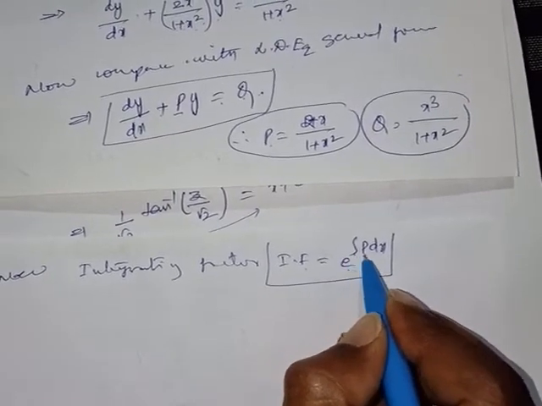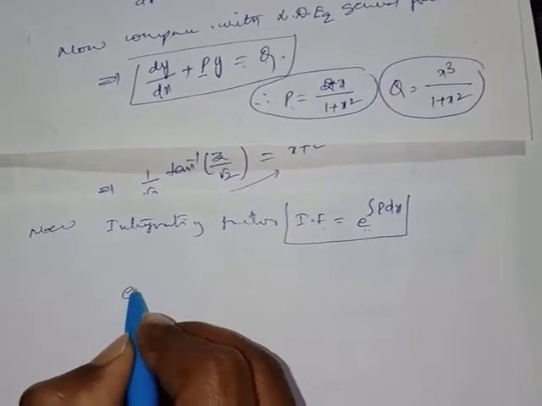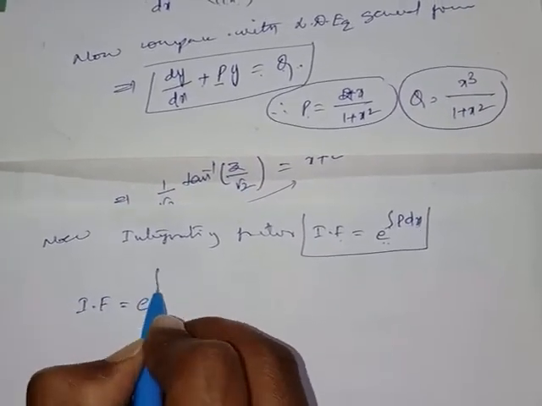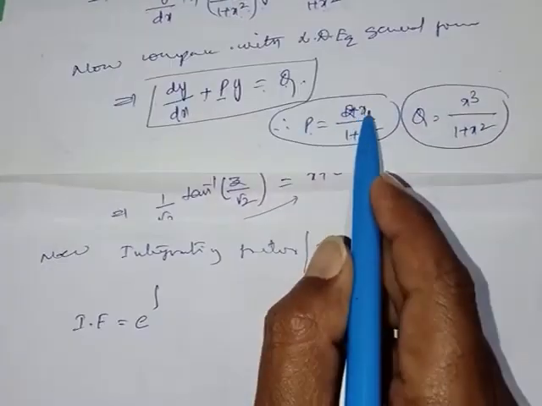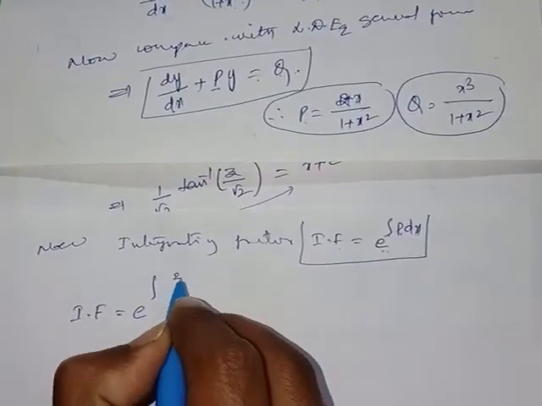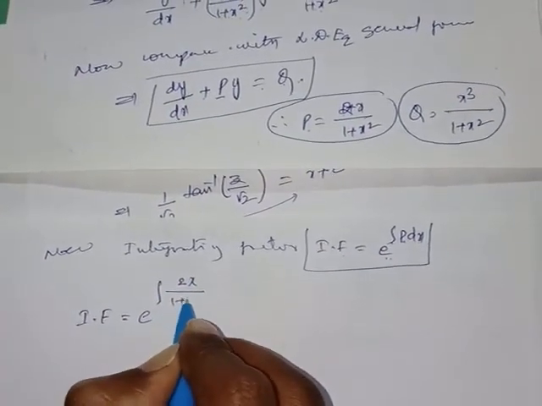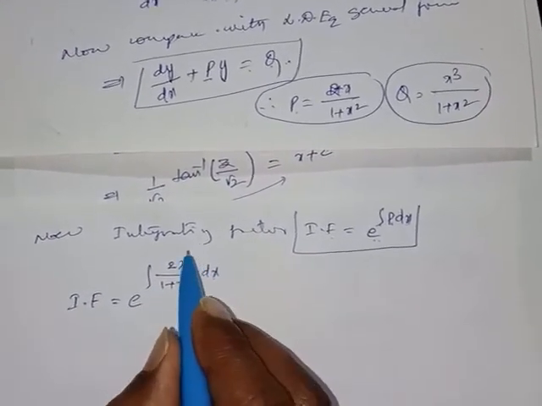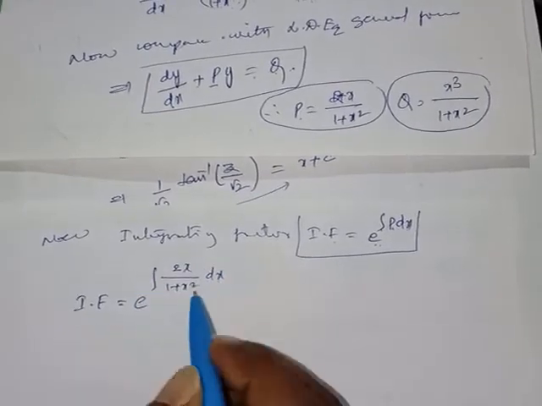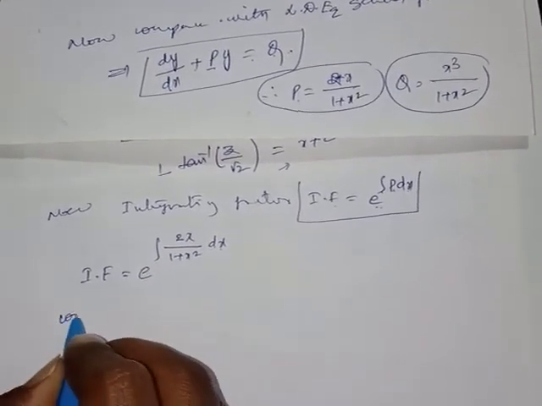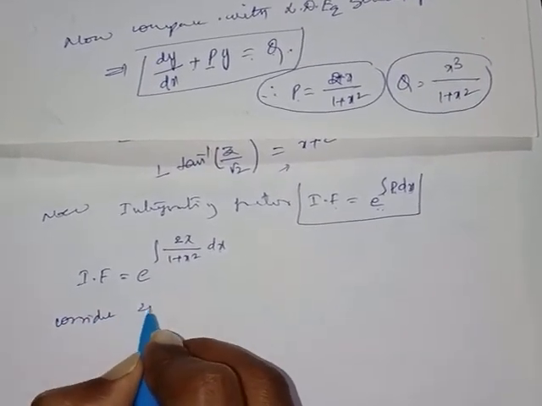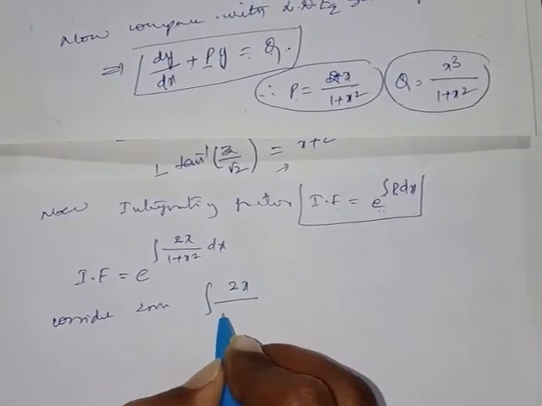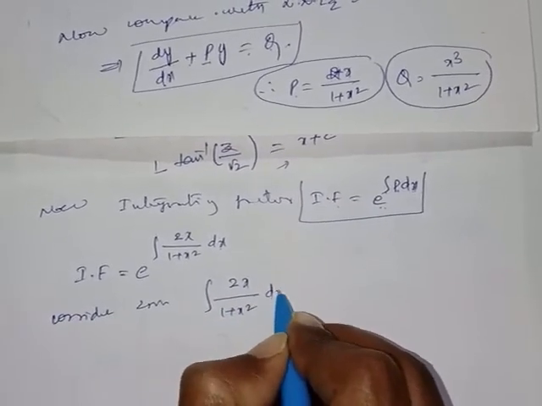P value is 2x/(1 + x²), so IF = e to the power of integral of 2x/(1 + x²) dx. First of all, consider the exponential value, that is the integral of 2x/(1 + x²) dx.